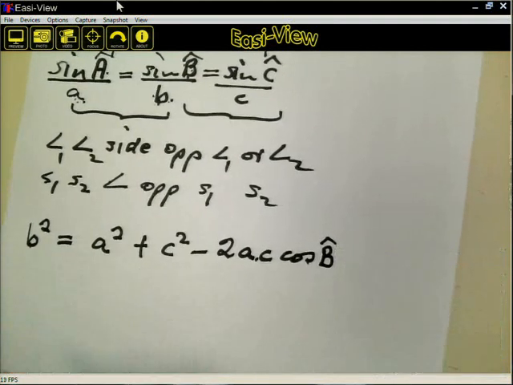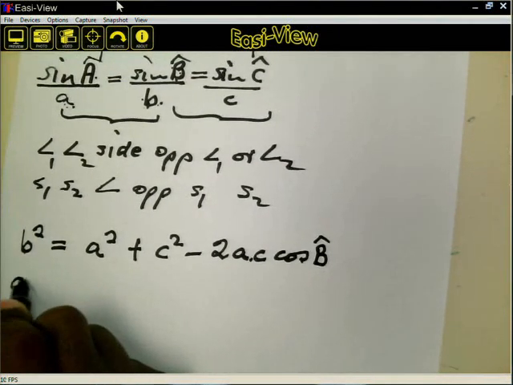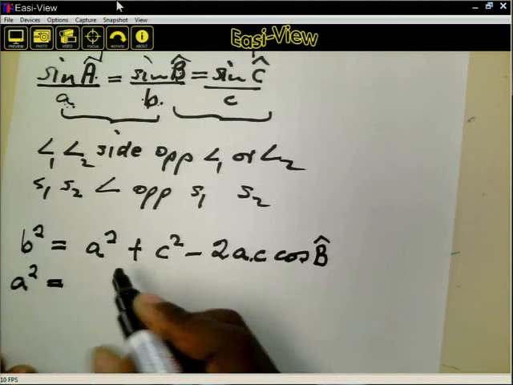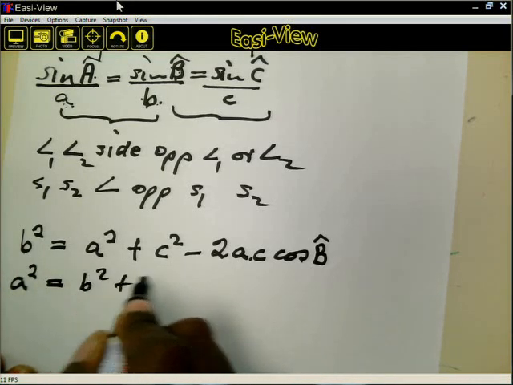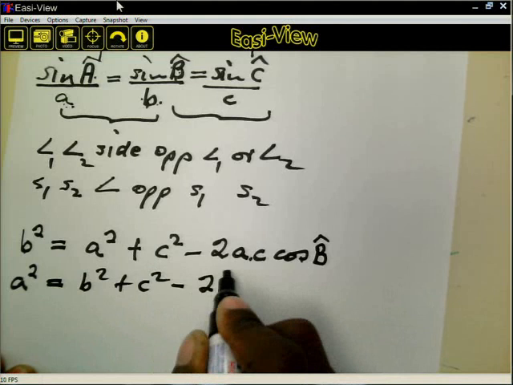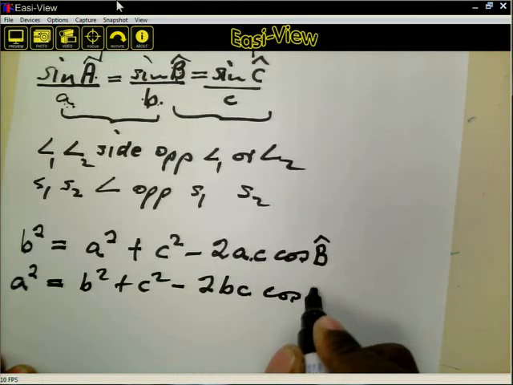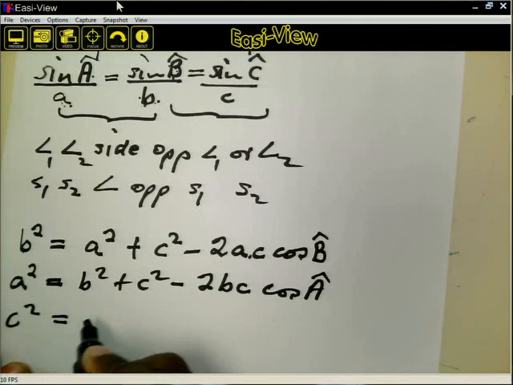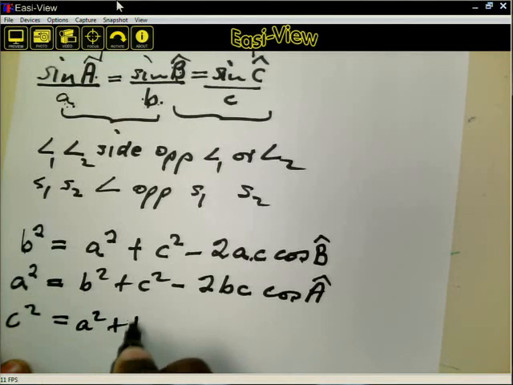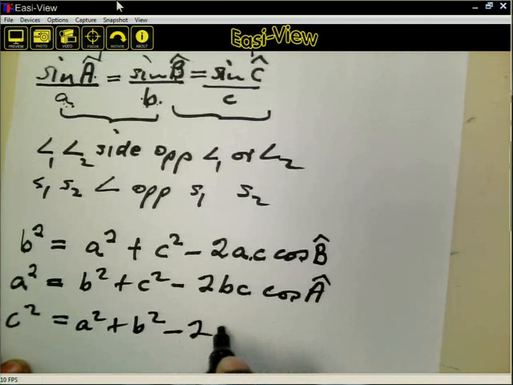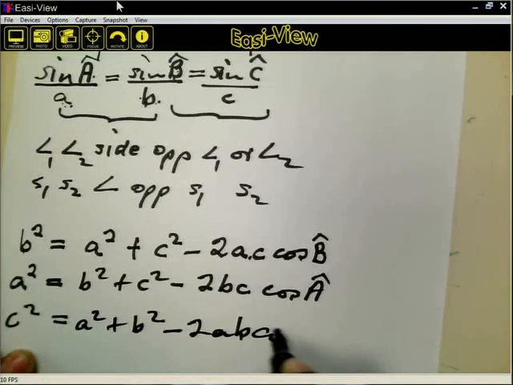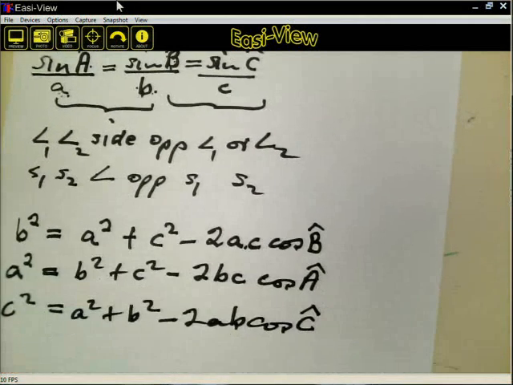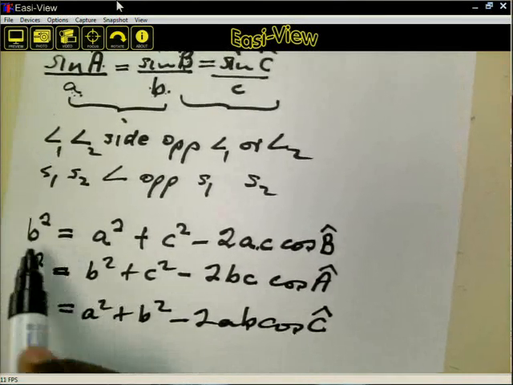Now, this applies to any other side. a squared equals b squared plus c squared minus 2bc cos A. And finally, c squared equals a squared plus b squared minus 2ab times cos C. And like I said, you will notice that there's a square here.